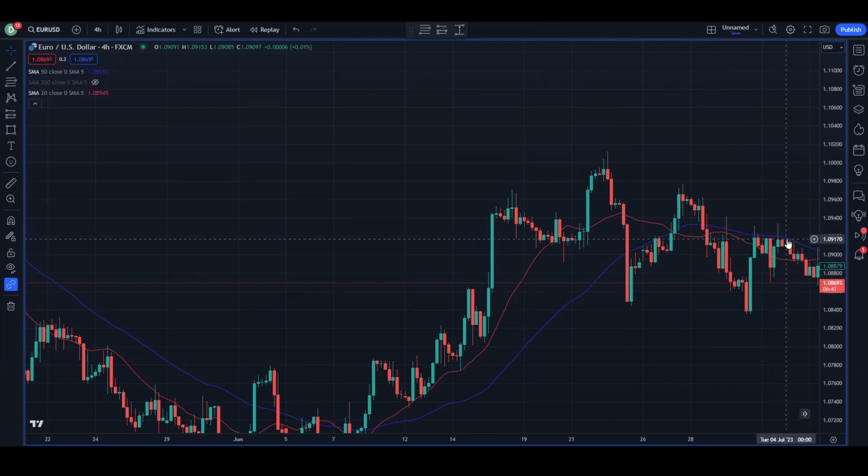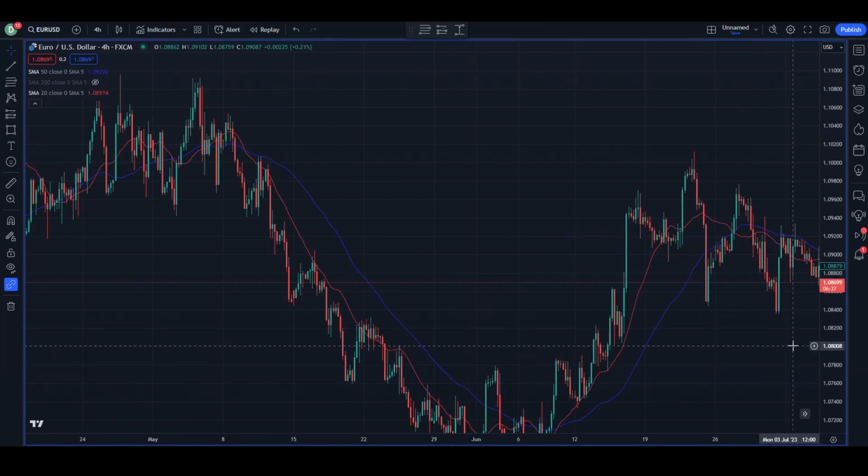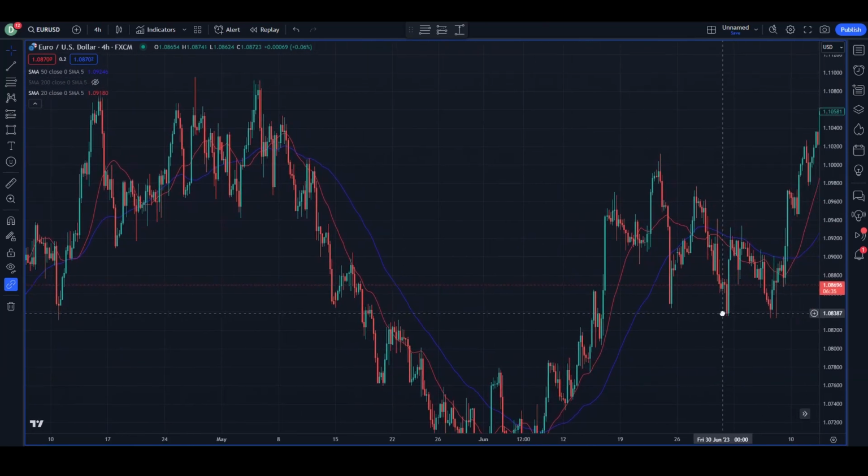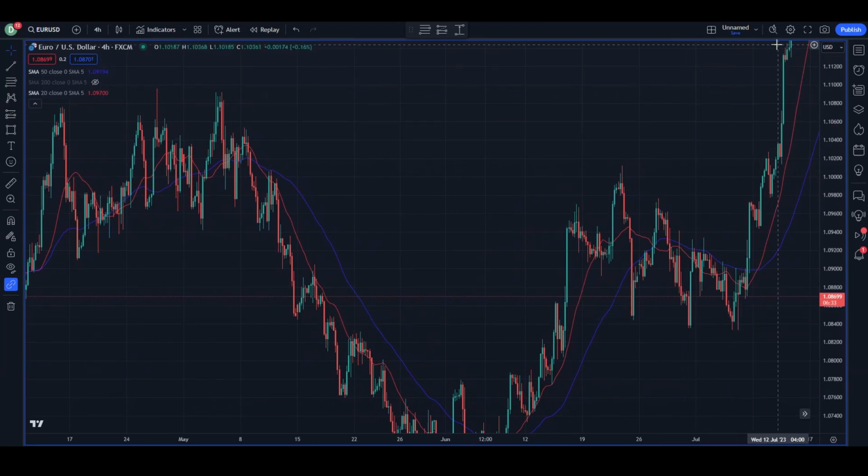Again, we couldn't define if the price is considered to be in an uptrend or a downtrend. Now, we know that over here in this occasion, the price continued moving in the same direction as the movement that led into this consolidation period. Long story short, the way that you can use the periods of uncertainty is to simply stay away from the market until you get a more obvious direction.